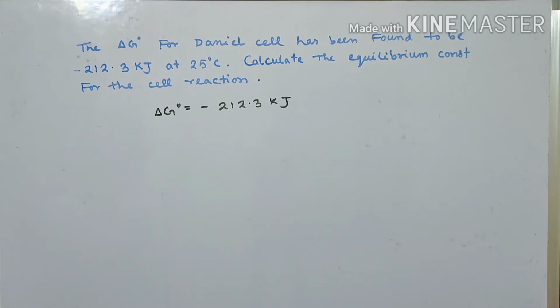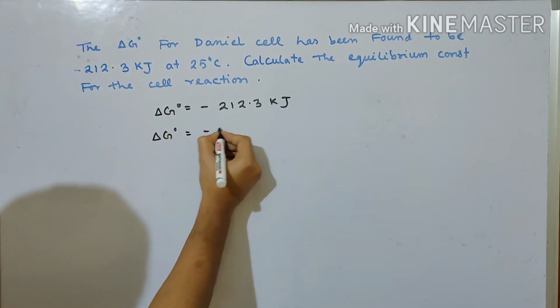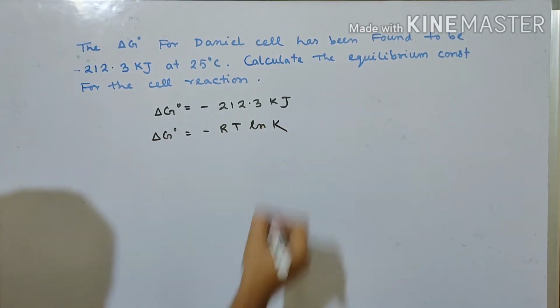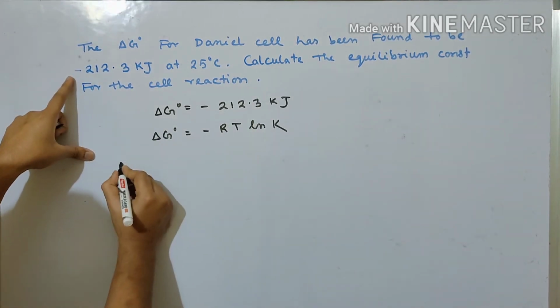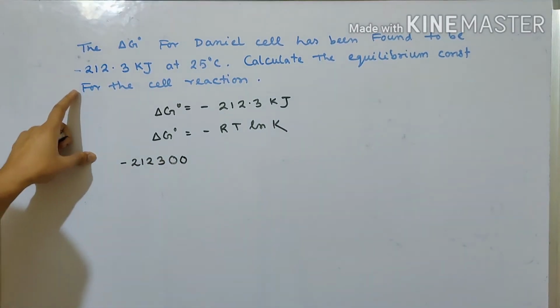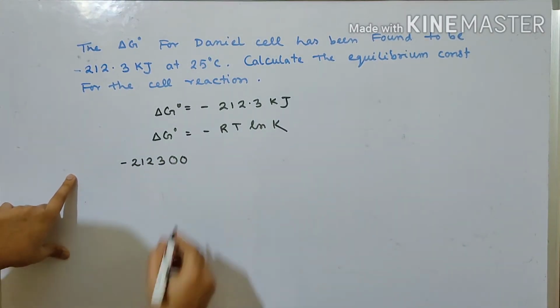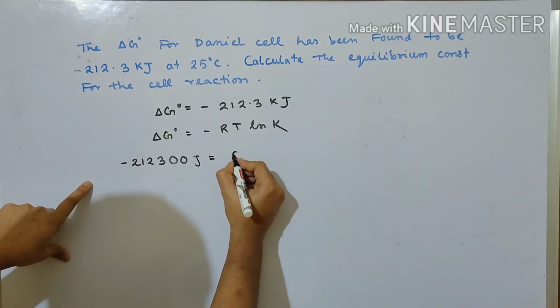Now we know the formula, right? Delta G0 is equal to minus RT ln K. What are the values that we already have? R we know, T we know, and the delta G0 value is also given. So just put the values straight away. Delta G0 we are getting as minus 212,300 joule. R is 8.314 joule per Kelvin per mole.